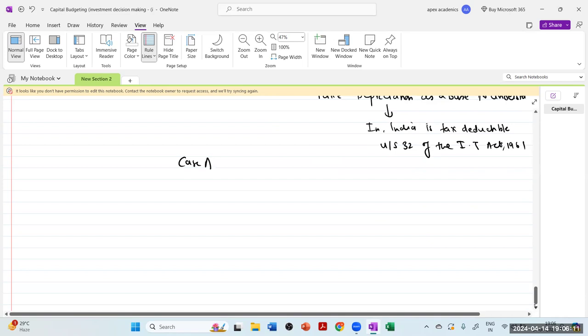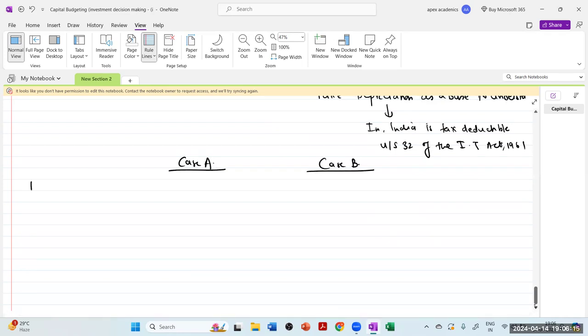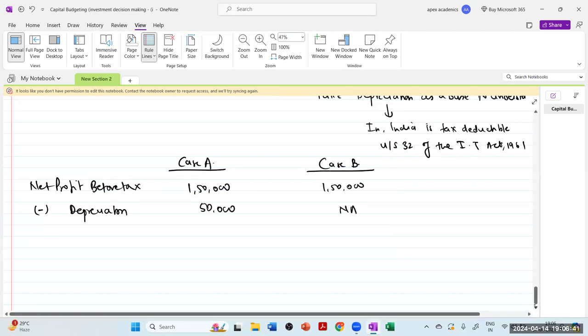You have case A and case B. Net profit that you have earned before tax, let us say, is 1,50,000 in both cases. Less depreciation. Let's say depreciation is 50,000 and here depreciation is not applicable. There is no depreciation in the second case. That is possible.